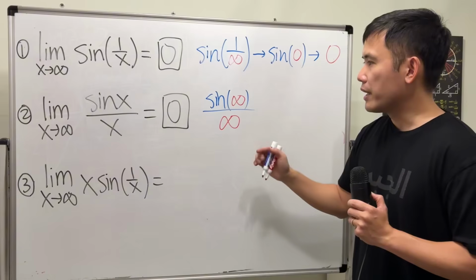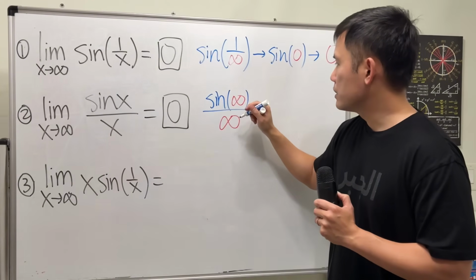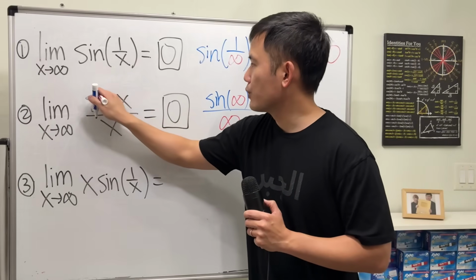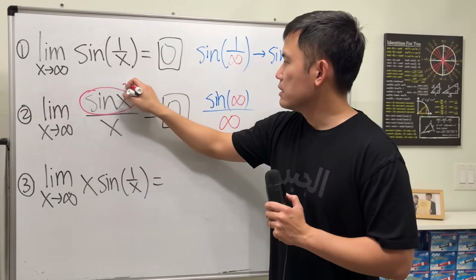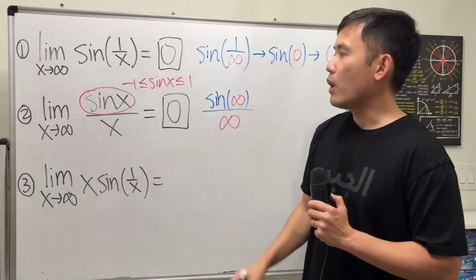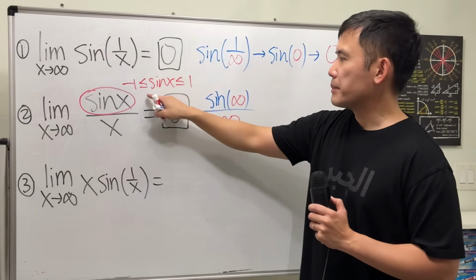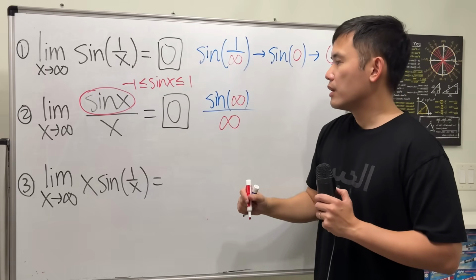However, the key right here is that, note, I'm just going to put a note right here. When we have a sine function, sine of x is always in between of -1 and 1. And you can also use absolute value. Then you can say absolute value of sine x is less than or equal to 1.